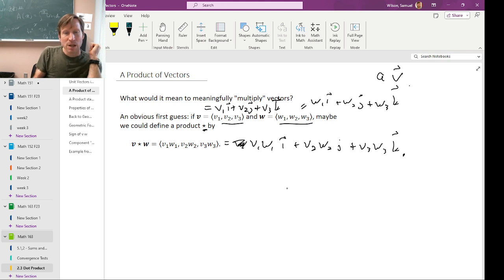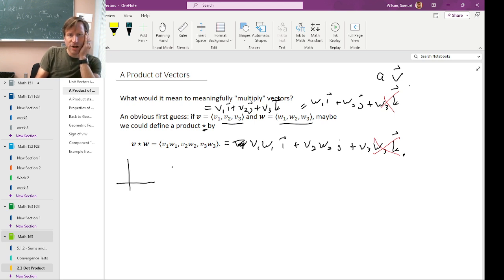Okay. So let's look at a particular example. And the example that we're going to use, I'm going to draw this example, and then we'll sort of express it in terms of i, j, and k. Actually, we're going to stick to 2 dimensions for this, so we won't actually need our third terms here.